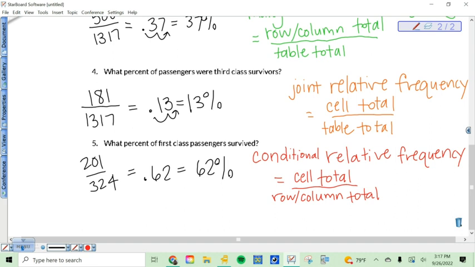Good. 23, including me. Should be 23. There's 23, including me, yeah.